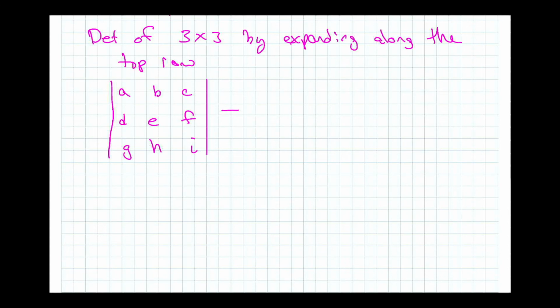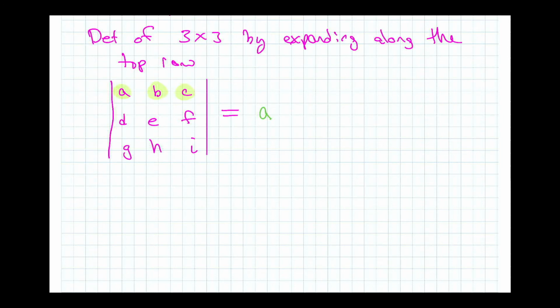So what you do is you take these numbers along the top row, and you're going to take each of them and multiply them by another determinant. So it looks like this. You take the A first.